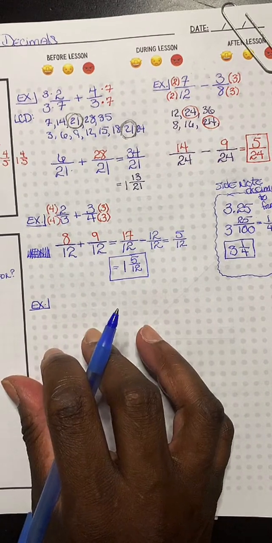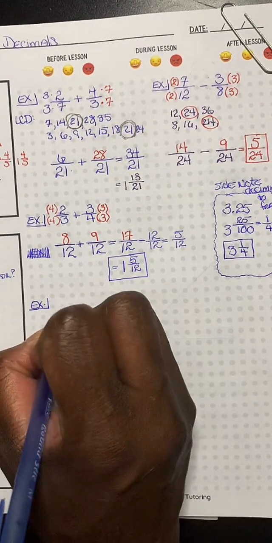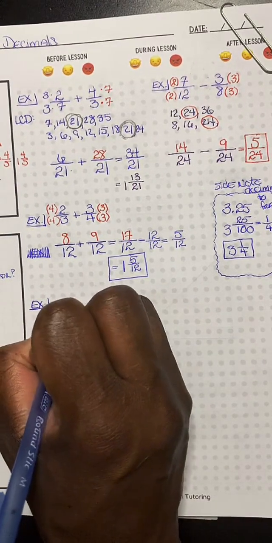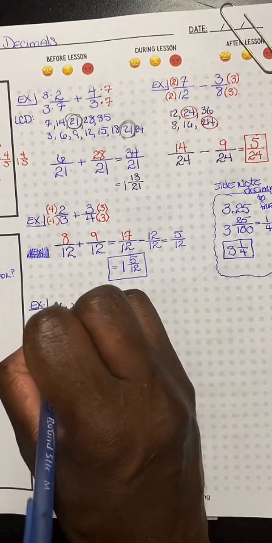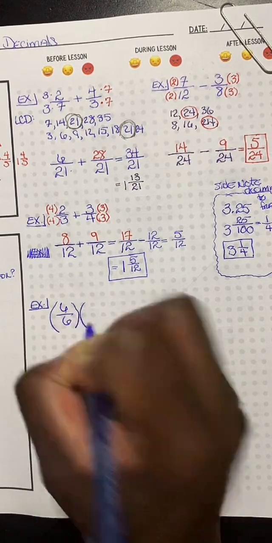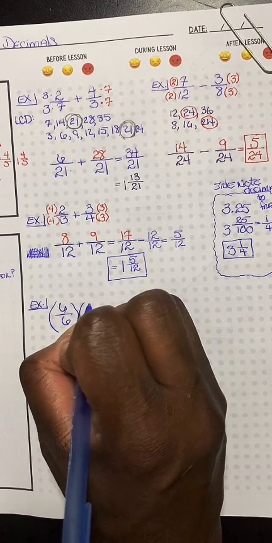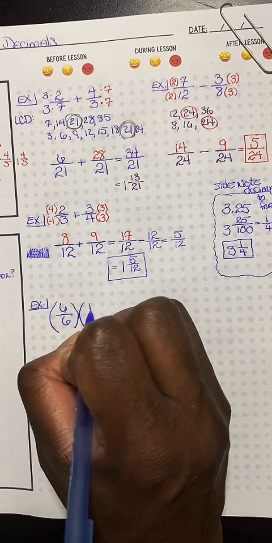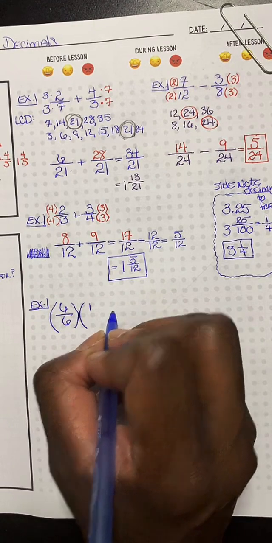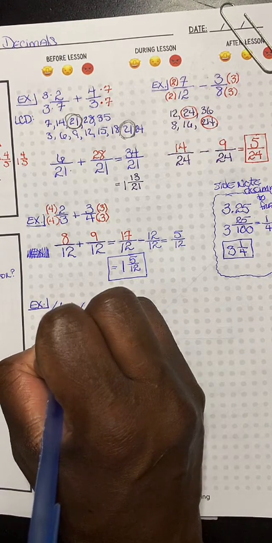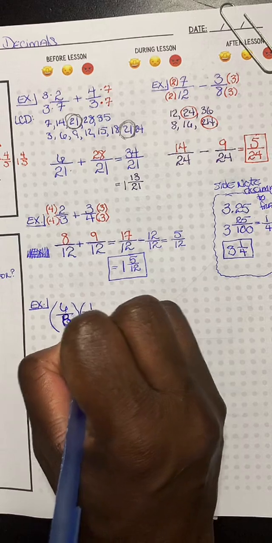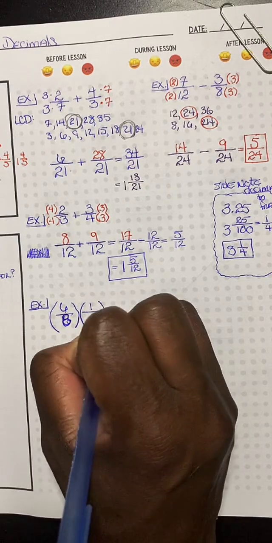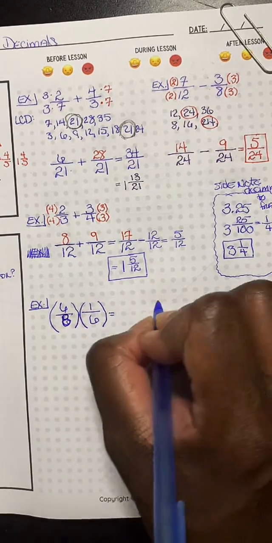So let's say that we have 6/8 times 1/6. We can do this one easily.